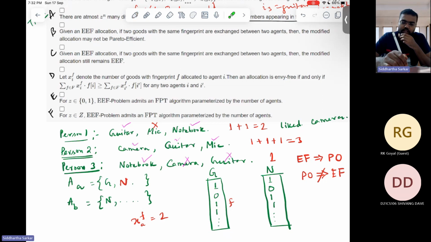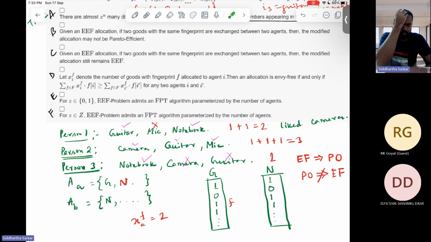So the statement is then: an allocation is NV3 if and only if for any two agents i and i', this thing holds. So what is this? Let us parse this. i and i' are two agents. f of i, what is f of i?